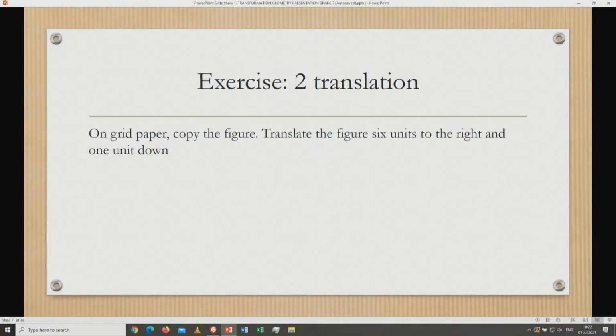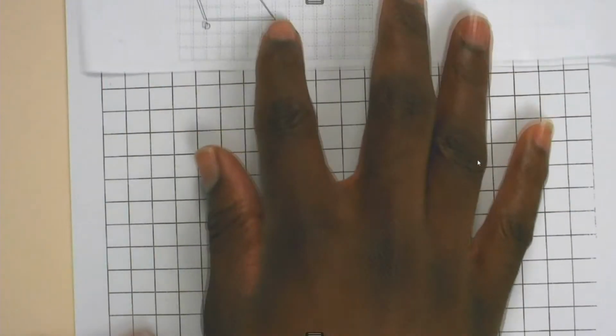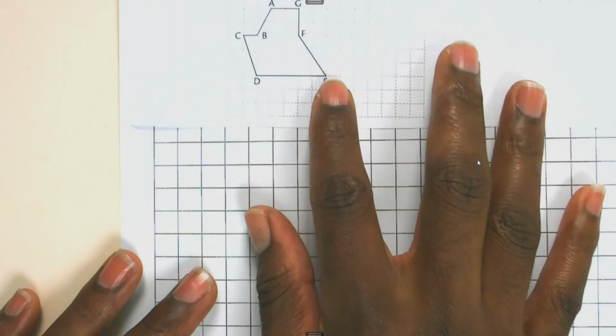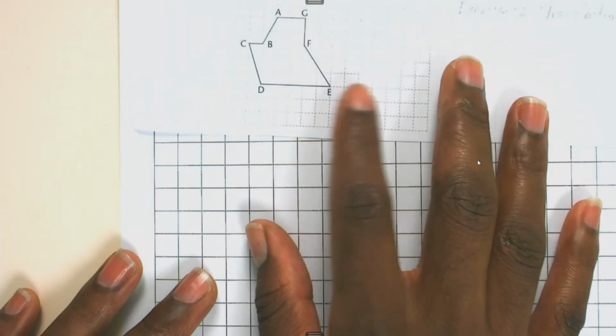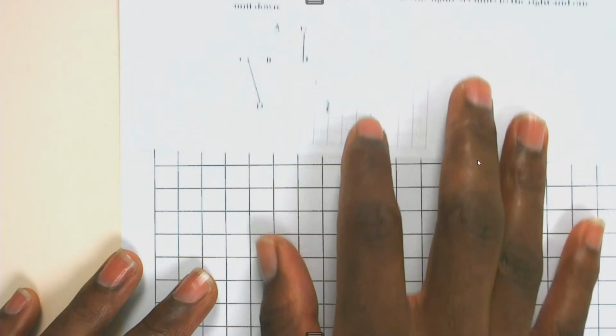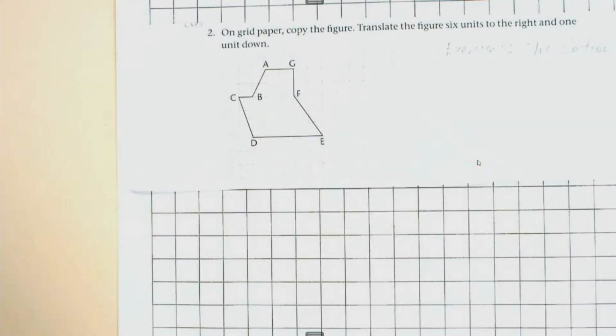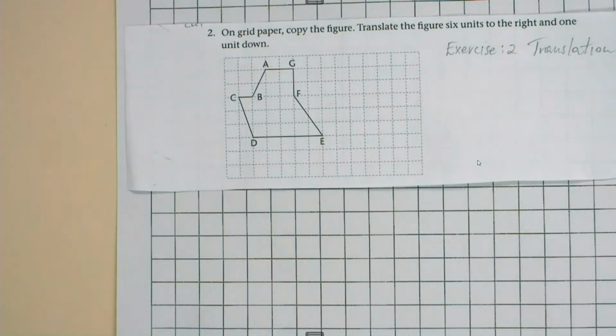Now, first thing first, this is the shape the instruction is saying we should copy first. Again, the instruction is still there. Let us see. The instruction says to you guys, on the grid paper, copy the figure, translate the figure 6 units to the right and 1 unit down.